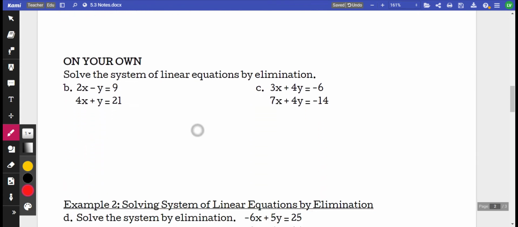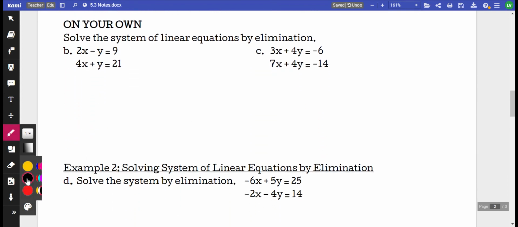All right, so let's try this. We're going to solve the system of linear equations by elimination. For the first equation, 2x minus y equals 9, and 4x plus y equals 21. Let's look at our x's and our y's. You'll notice our y's both have the same coefficient of 1.